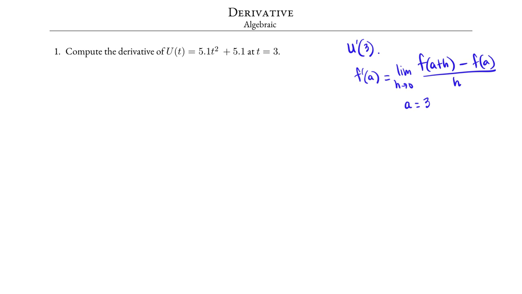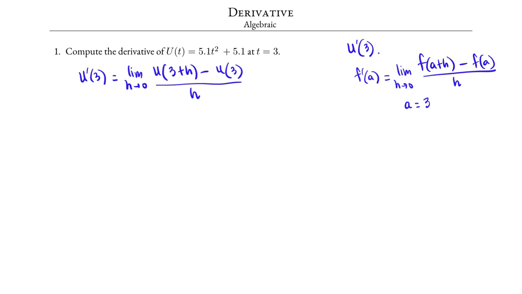And so u prime of 3 is now the limit as h goes to 0 of u of 3 plus h minus u of 3, over h. Everything else is the same except we replace a with 3 and the function f with u.